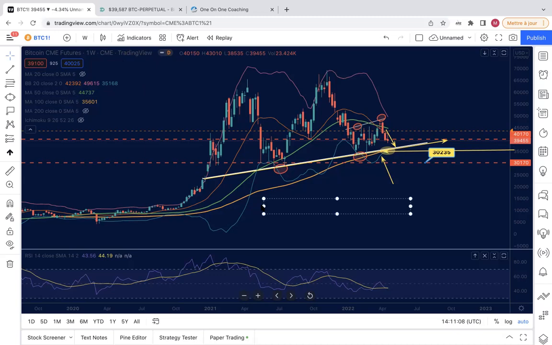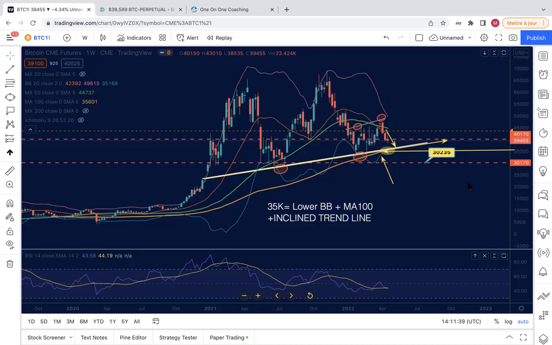The 35K is the lower Bollinger Band weekly plus the moving average 100 weekly plus the inclined trend line. So what we call the convergence, it's a very strong support. Well, a very strong support is not meant to hold all the time.